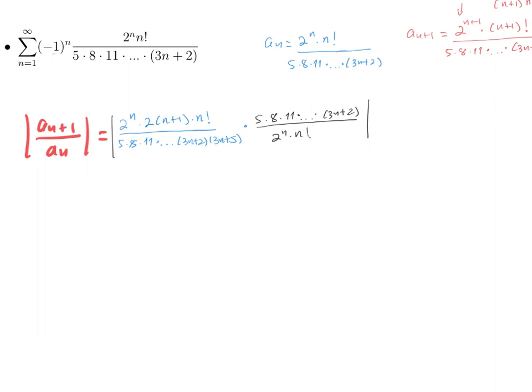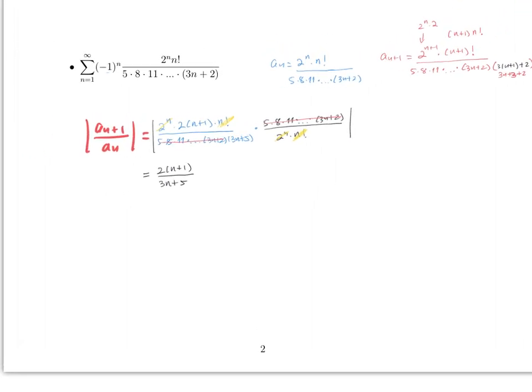Okay, and notice here the 2 to the n cancels the 2 to the n, the n factorial cancels the n factorial, and then all of this will cancel up to here. So therefore, this simplifies to just 2(n plus 1) divided by 3n plus 5.